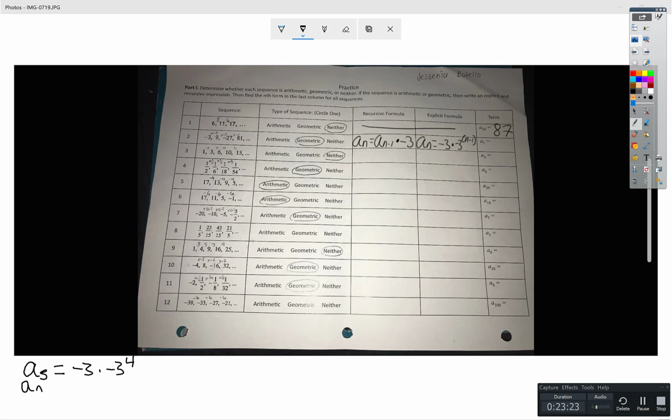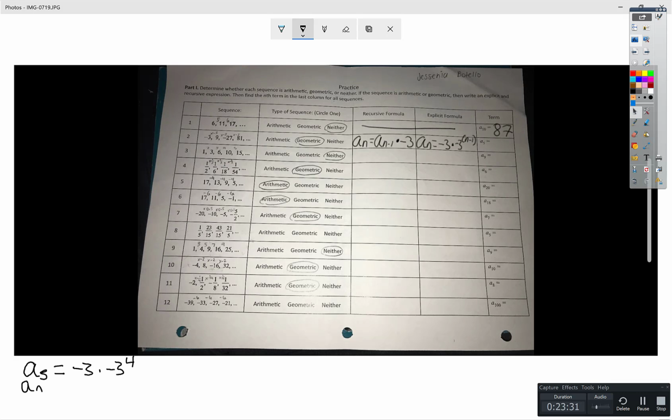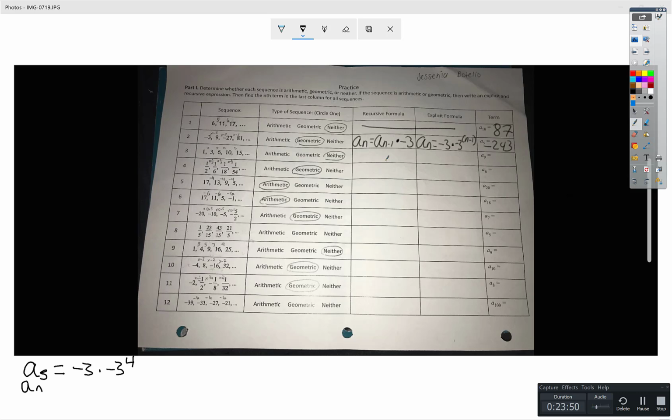So a_5 would be -243, and that's what I'm plugging in, a_1 of -3 times r of -3 raised to the 5 minus 1 power. So I'm just plugging in these formulas.